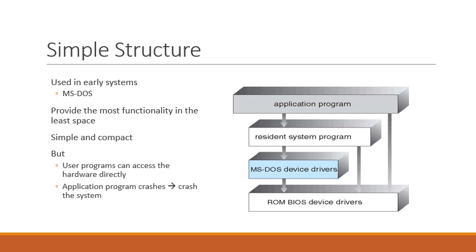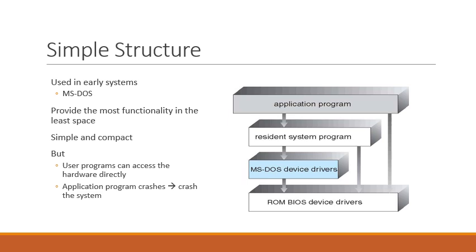Above this module, there is the MS-DOS device drivers module, and above this module there is the resident system program module. These two modules, the resident system program module and the MS-DOS device drivers module, make up the operating system. And above the operating system there are application programs.